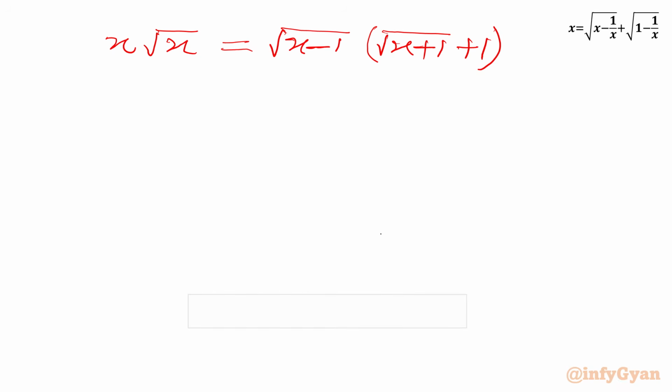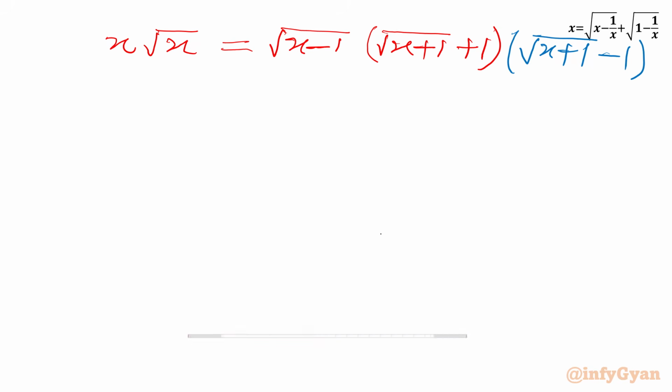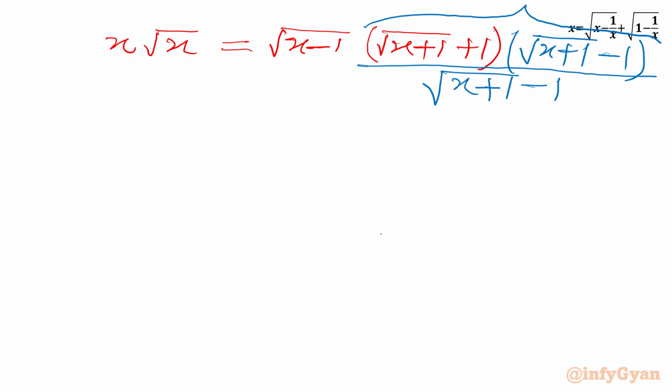Let me write the equation once. So we will multiply the equation by square root of (x plus 1) minus 1 in the numerator and in the denominator. We'll write here square root of (x plus 1) minus 1. Now here we can use the difference of two squares identity.